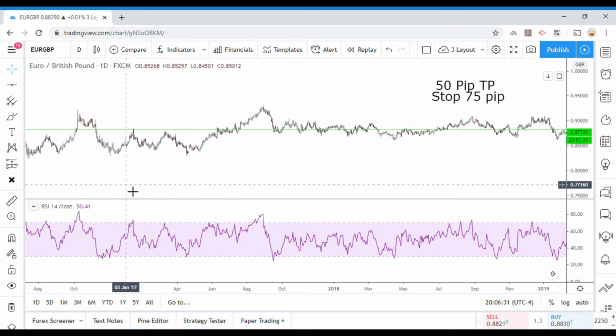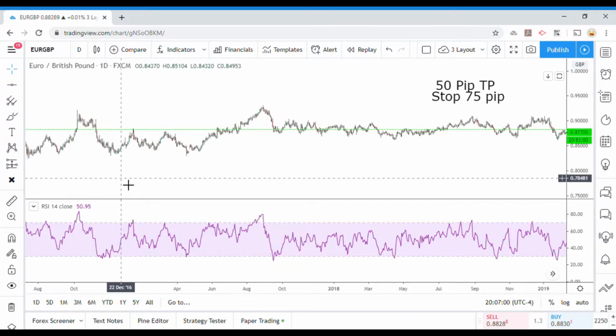That's not enough to make any kind of reasonable profits. It's not enough to have any kind of reasonable amount of trades, even trading all the pairs that we traded across. So that being said, though, we're still going to test it. We are going to test it through 2 years, see what kind of win-loss percentage we get out of it, and then we will decide from there what we want to do with the RSI.